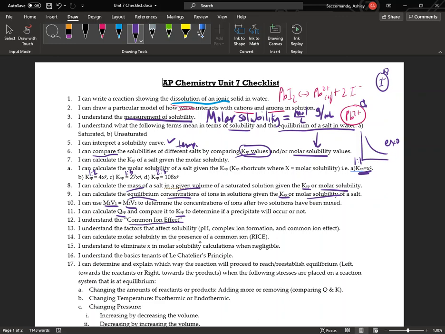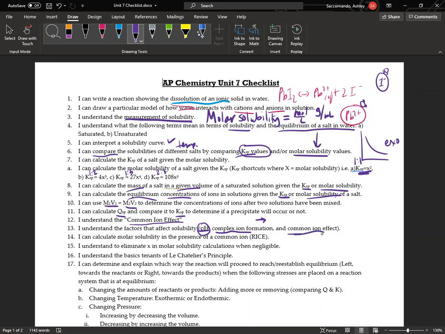All right, we're going to cover pH again. Don't worry about pH so much because we're going to cover that when we hit acids and bases; lowering the pH increases solubility. The complex ion formation, remember, generally goes in the forward direction, so it usually increases the solubility of the salt.